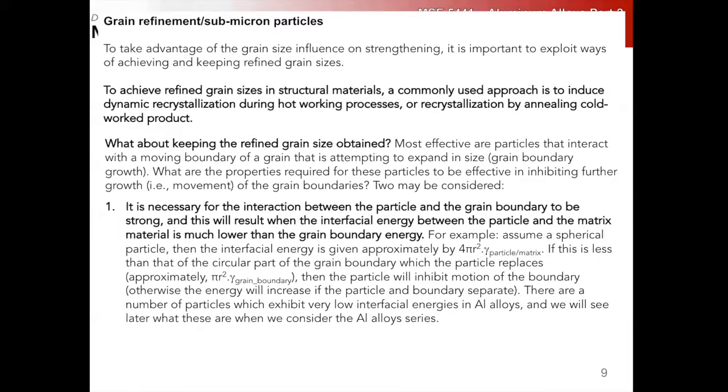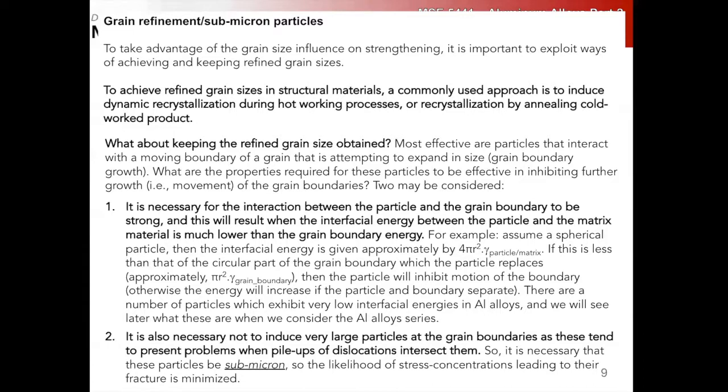So the second one, we also want to make sure that we don't introduce large particles at the grain boundary. These present problems, most likely because they're brittle, and during the pile-up, the stresses will cause these particles to fracture. So really we want sub-micron particles so that we minimize this.